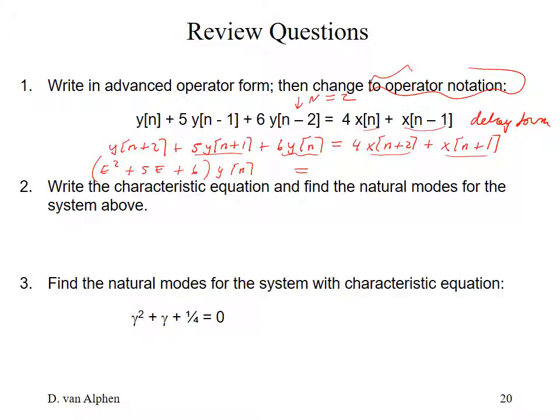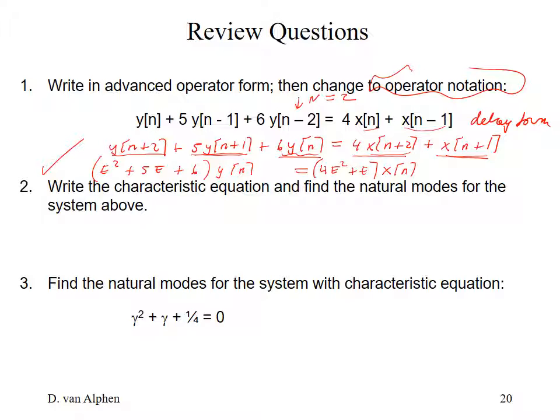On the right-hand side, we have 4E squared plus E, all acting on x of n. Again, let's go back and check. This one became E squared, this became 5E, this became just plain old 6. On the right-hand side, we had 4E squared plus E. Yep, looks good. Okay, so that's what we mean by operator notation.